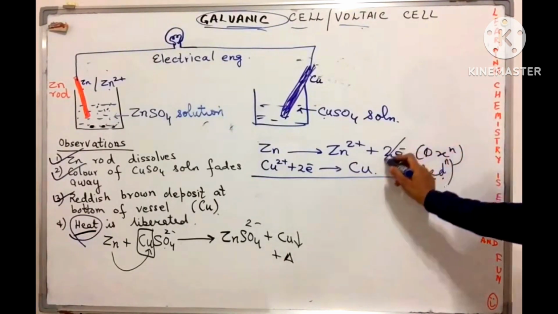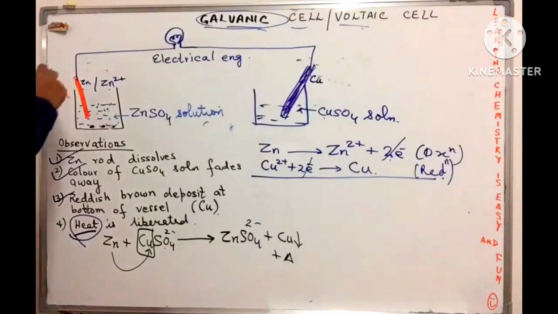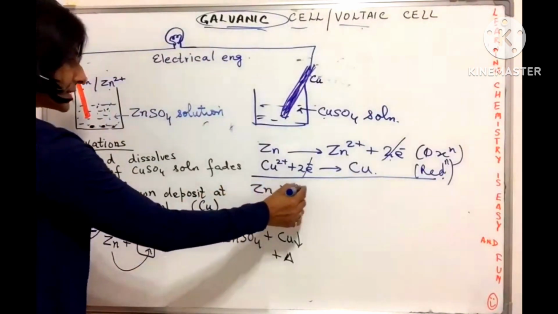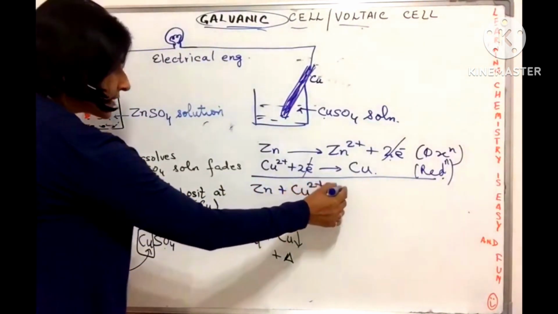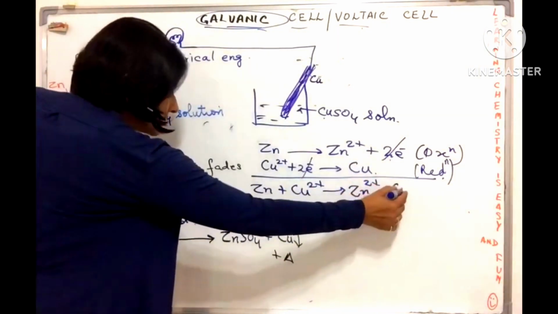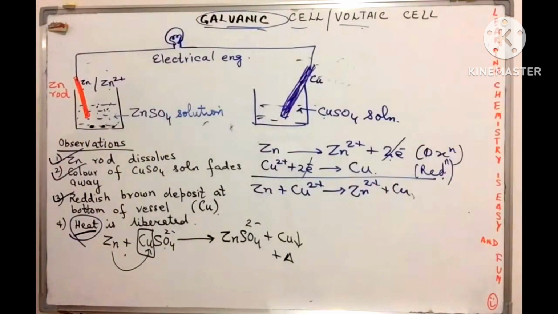So if you combine the two reactions, how have I combined the two reactions? By connecting them with each other through this conducting wire. What do we have? Zinc plus Cu2+ gives Zn2+ plus copper. Oh, voila, this equation is the same as the first one. Correct?